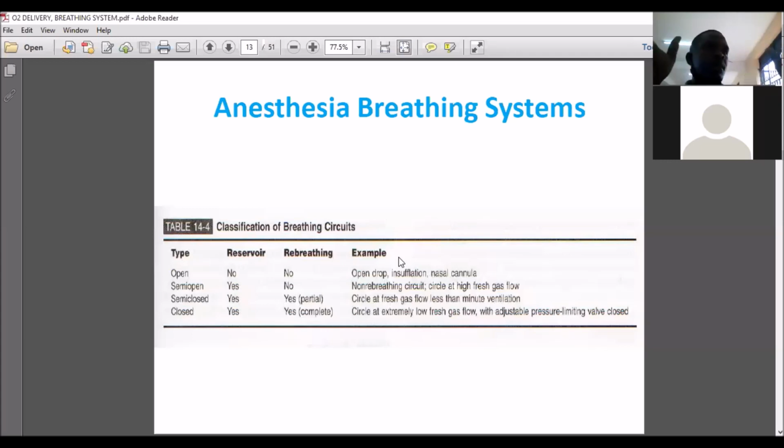What you breathe out goes to the atmosphere. Then semi-open, a non-rebreathing circuit, works at higher fresh gas flow. Even with these masks we put a reservoir on, what you're breathing out goes out and does not come in. That makes it semi-open.